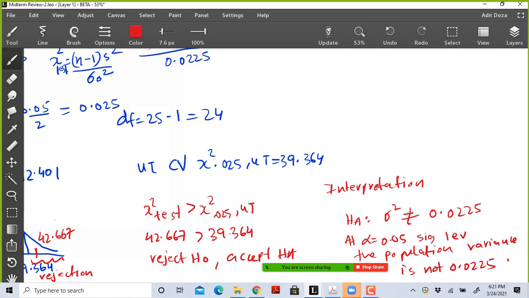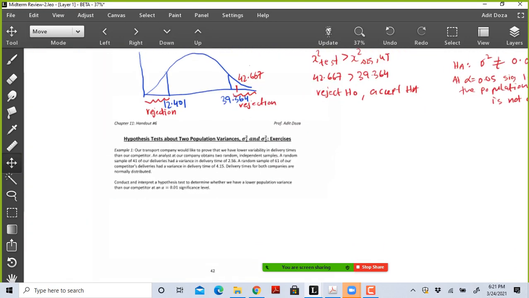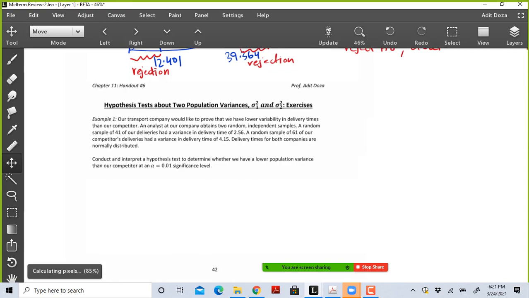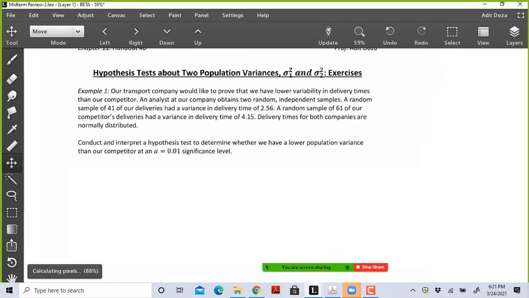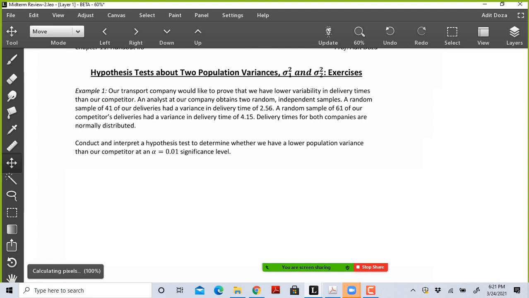So this was the chi-square problem. Always read the question, okay? So here they are saying a transport company would like to prove that they have lower variability in delivery times than the competitor.